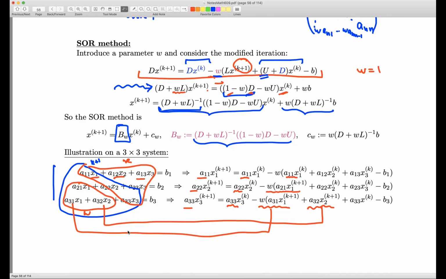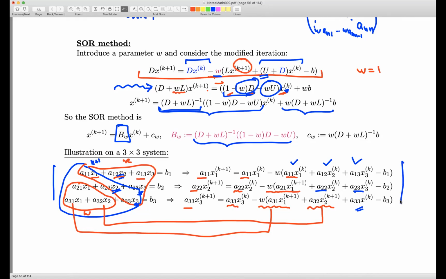So if I go back to blue, this minus WD and minus WU that is related to xk is this minus WD, and then the elements A12 x2, A13 x3. Then this one and this one will be with index k, and then here you have just the main diagonal, which will be this one with index k, and of course minus W and minus B here will give you plus WB.